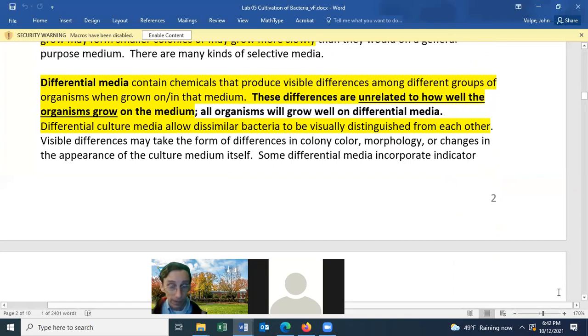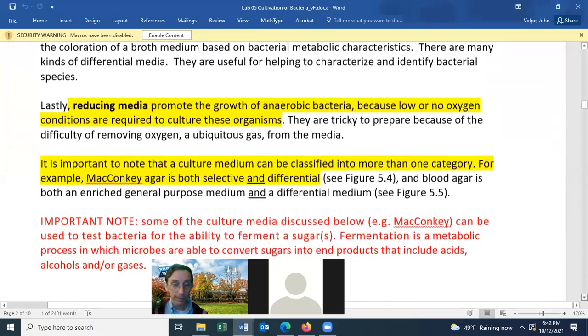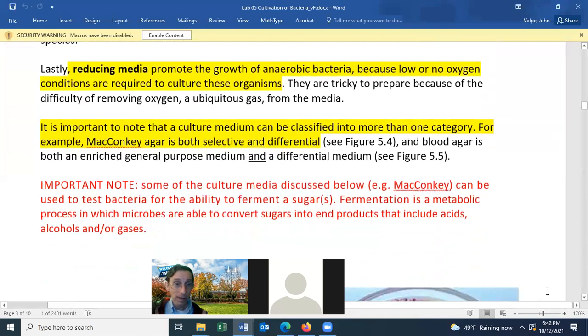Usually you will have a different color between 2 different species, but the difference is they will look different. And that's the differential media. Differential culture media allow dissimilar bacteria to visually be distinguished from each other. And we'll tell you about some examples in a little bit.